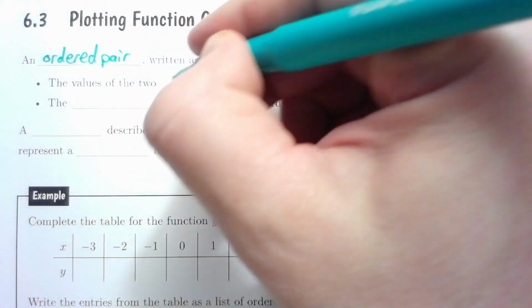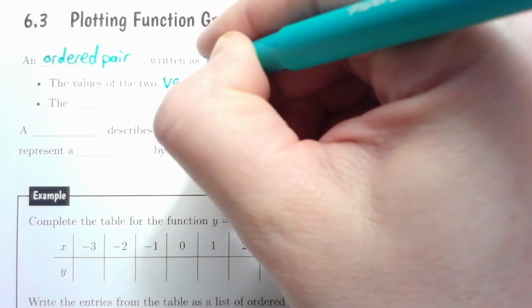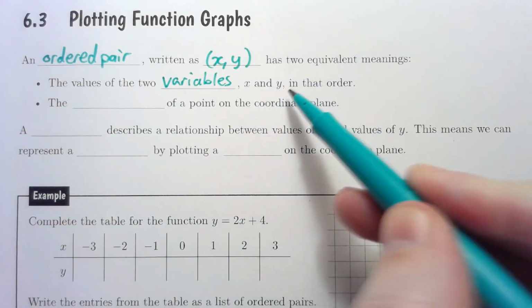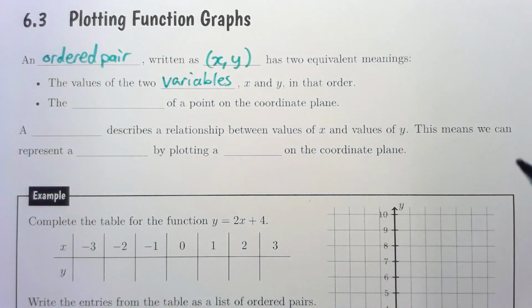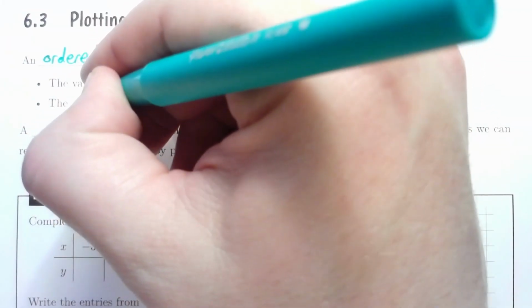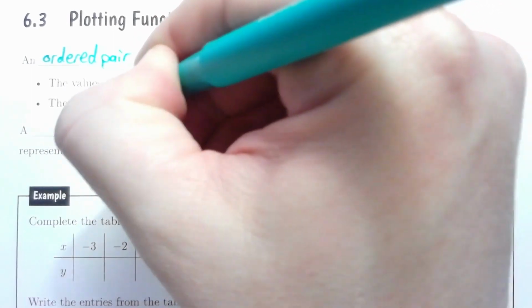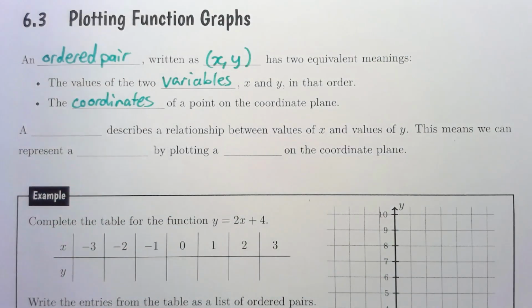That can represent the value of two variables, which are typically x and y in that order. Or they can also represent the coordinates of a point on the coordinate plane.